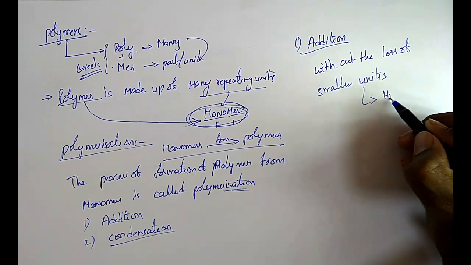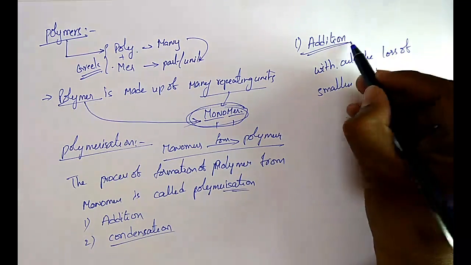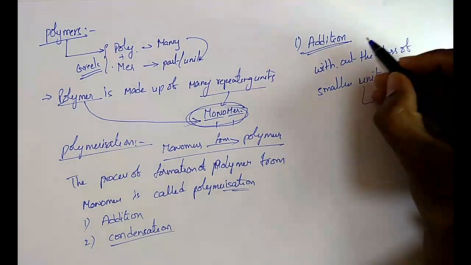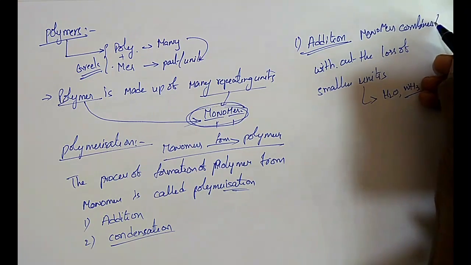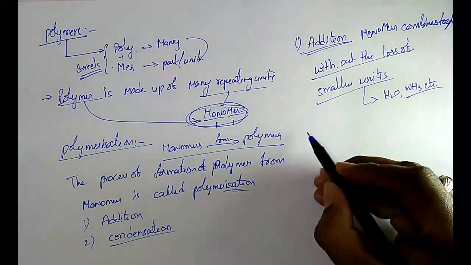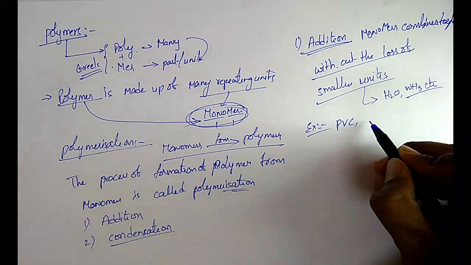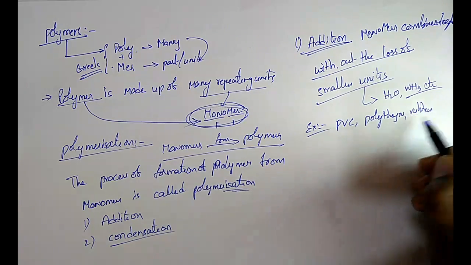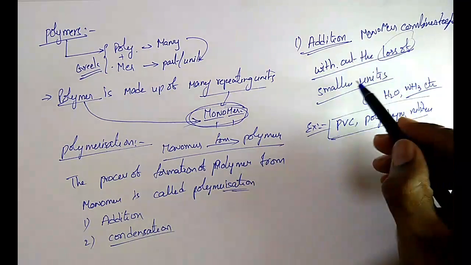These smaller units are water, ammonia, and so on. Examples of addition polymerization are PVC, polythene, or rubber. In these polymers, there is no loss of smaller units.